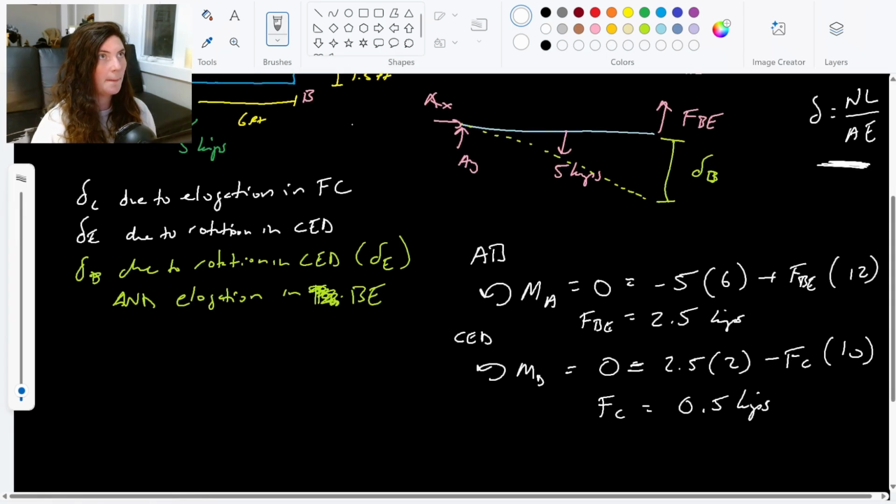So my delta C is going to be NL over AE. Let's break down what each of those are. My normal force is the axial force through that rod, so that's the 0.5 kips.